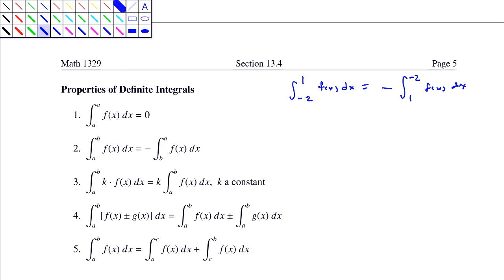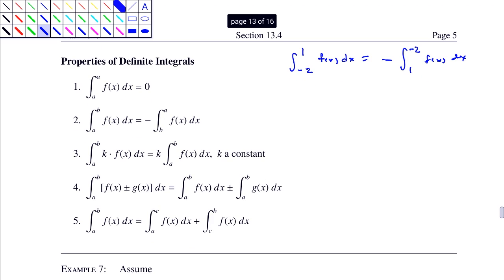So you could be going from right to left of a function above the x-axis. That would be a negative area because you're going backwards. But you could be going from right to left of something below the x-axis. That's then positive again, because you went backwards and it was below there. So that's what you have with property 2.